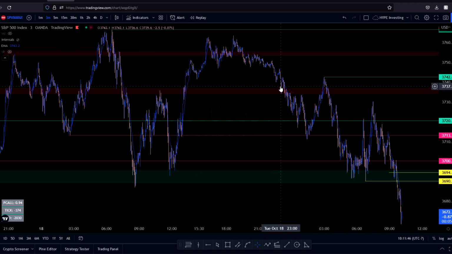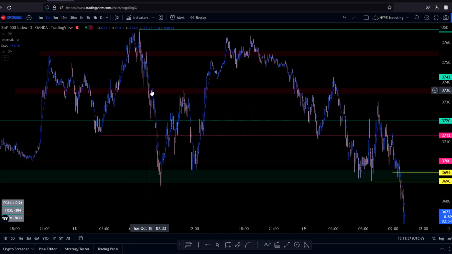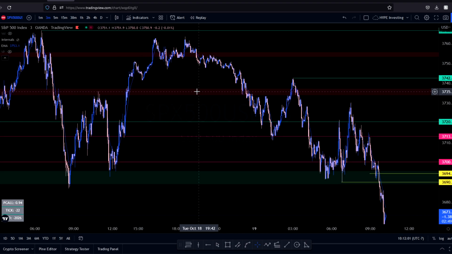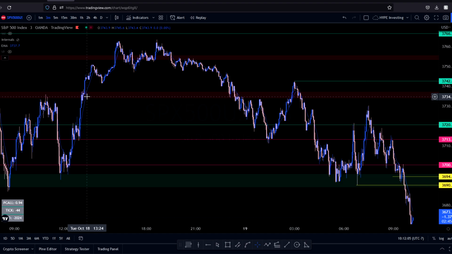So we're coming back to this supply zone, and the reason it's a supply zone is that it was previous resistance. It was support, turned into resistance, turned into support, turned into resistance. It was trying to act like resistance, but thanks to Netflix it came up here.